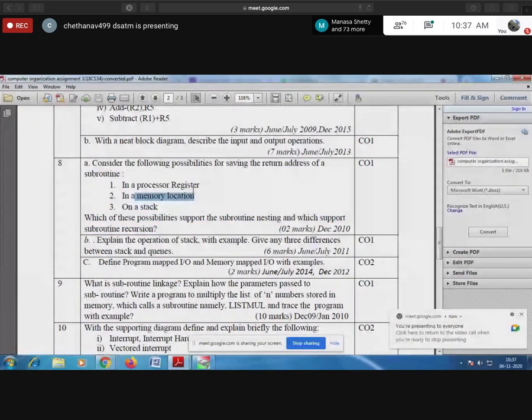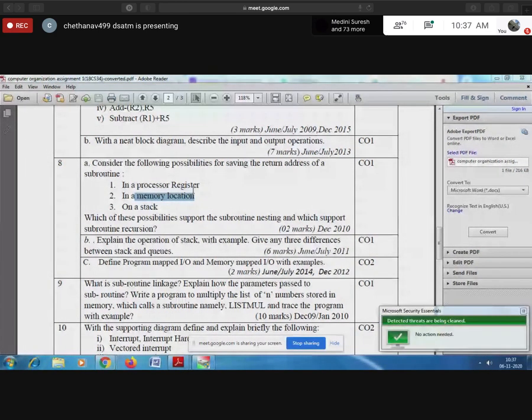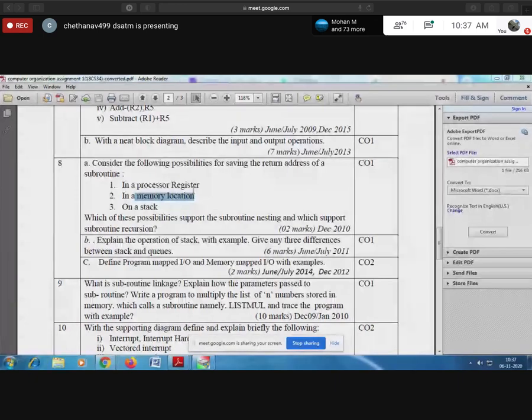One thing is very, very important. We can use stack for both nesting and subroutine recursion. Processor register and memory locations, even if you keep data inside the stack, we require memory locations. We require registers.